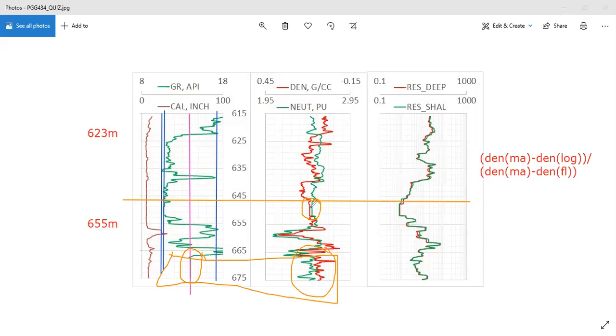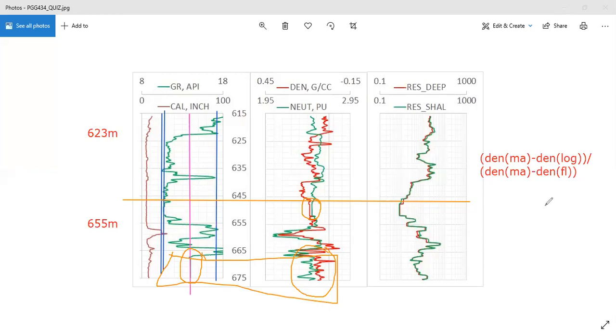Even though it's not exactly 2.45, I think I used 2.45. It's about 2.47 or something like that. But just for this purpose, in the exam I'll try to be as clear as possible to remove ambiguity. But don't worry, I take care of some of these little differences.